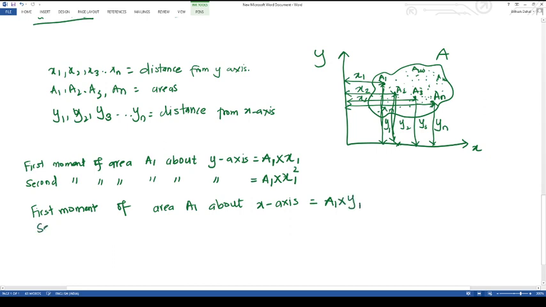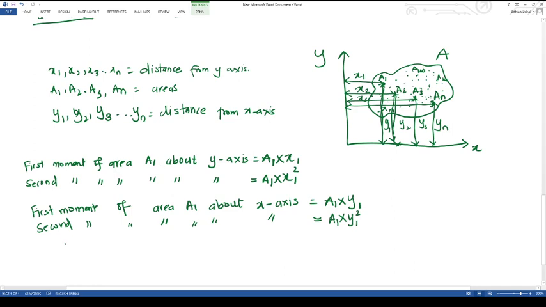Similarly, my second moment of area A1 about the x-axis will be equal to the product of mass, which here is the area, times the distance squared, right?